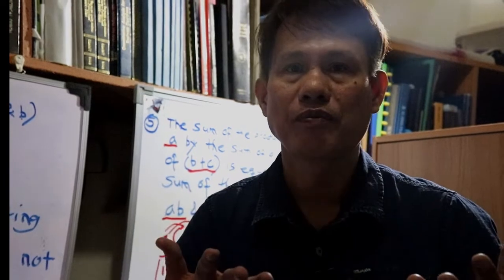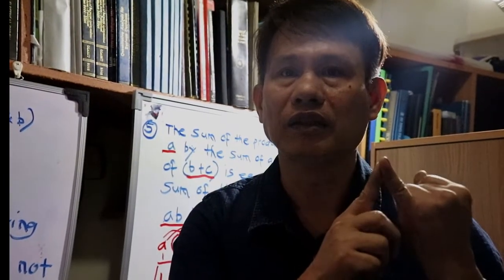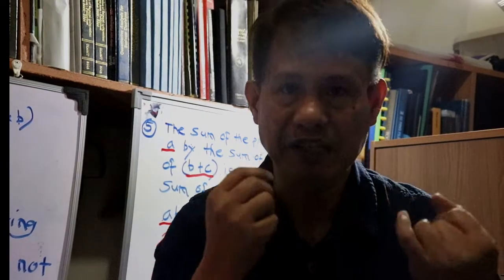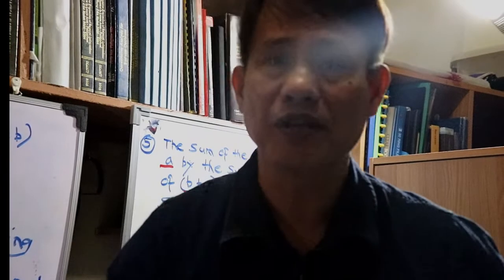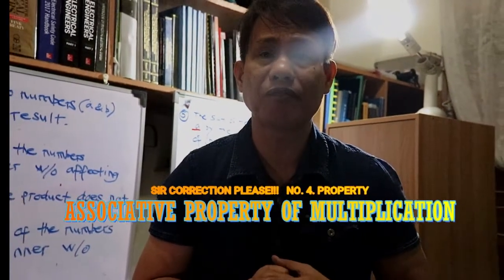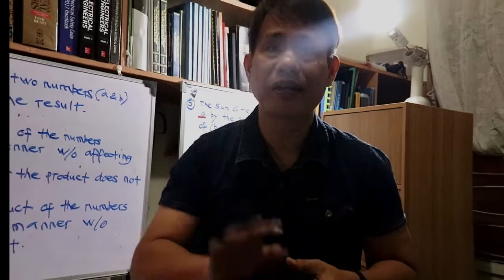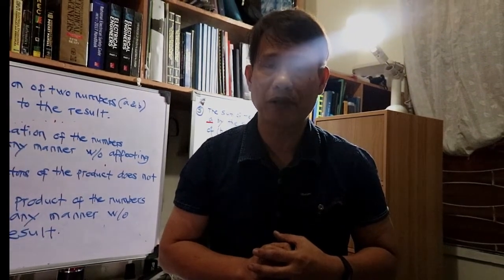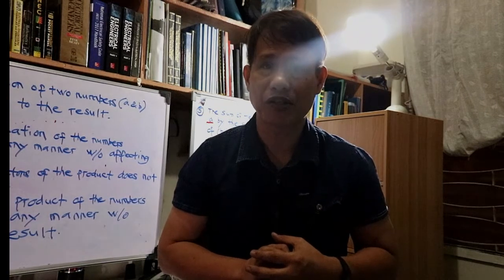To remind you, number 1, commutative property of addition. Number 2, associative property of addition. Number 3, commutative property of multiplication. Number 4, associative property of multiplication. Number 5, the distributive property of multiplication over addition.